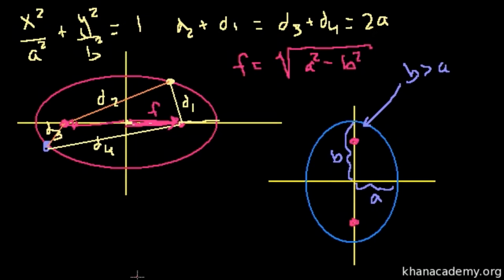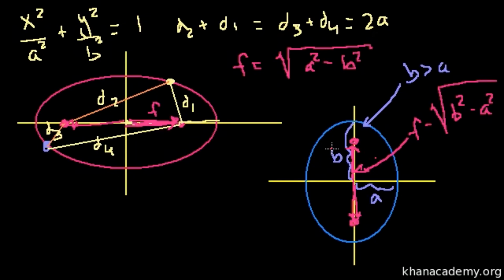The focal lengths are going to be vertical down from the origin and vertical up from the origin. And instead of a squared minus b squared, since b is larger than a, the focal length is going to be equal to the square root of b squared minus a squared. Fair enough.